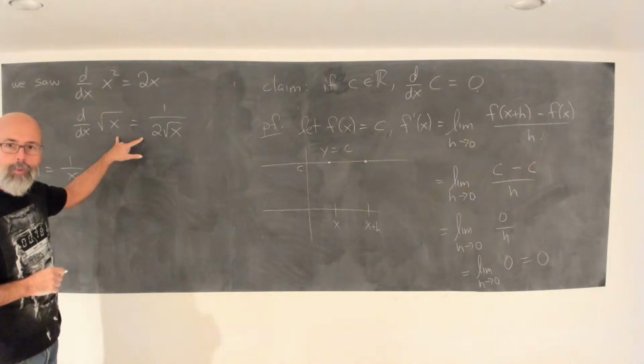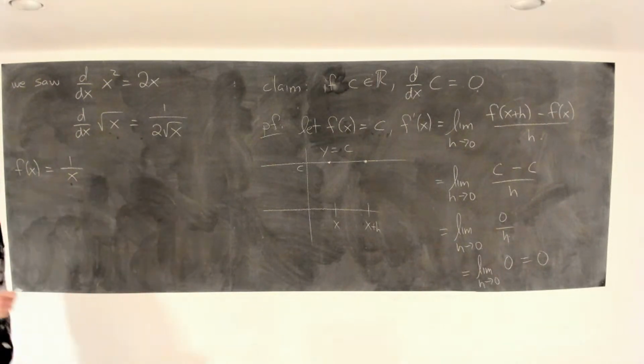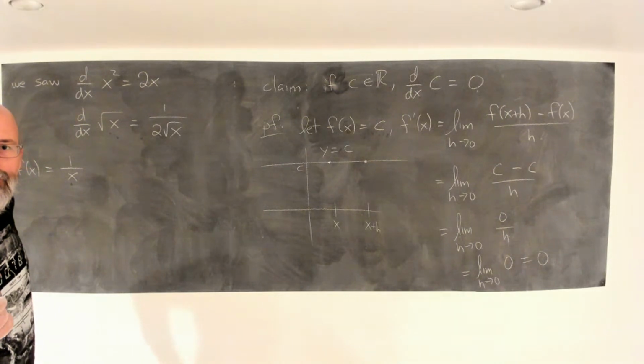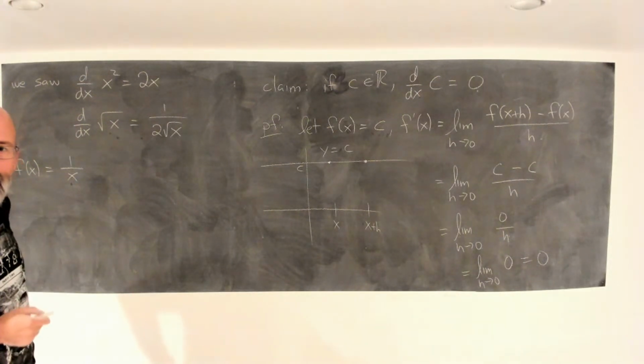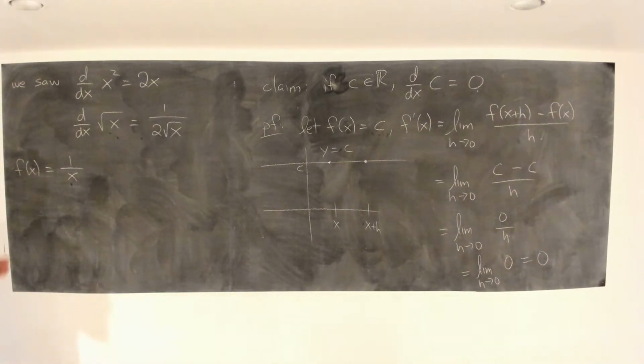Some people are saying yes, some people are saying no. I don't know. We did last class. I'm pretty sure we did. Square root of x we did see. We saw the x squared a moment ago. Not the 1 over x. Very well. So why don't we do the 1 over x?